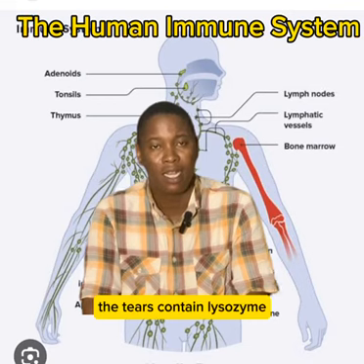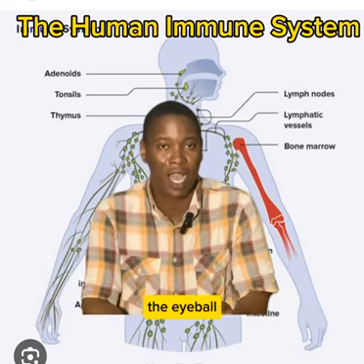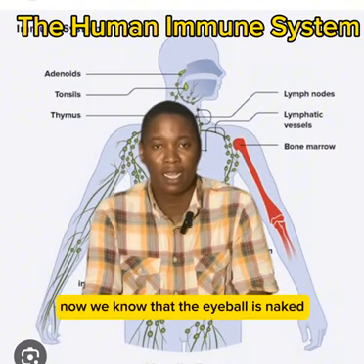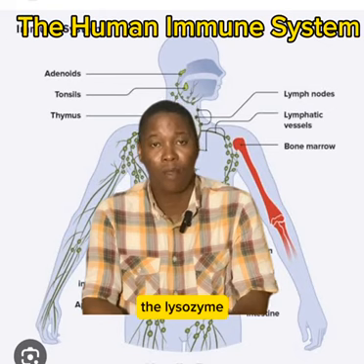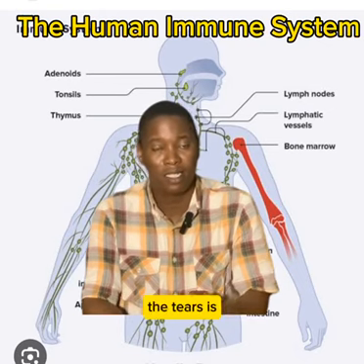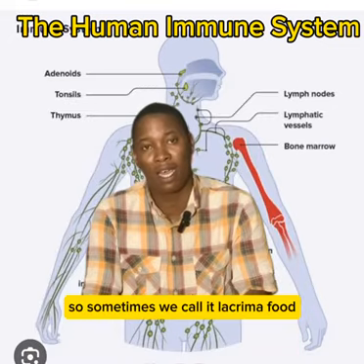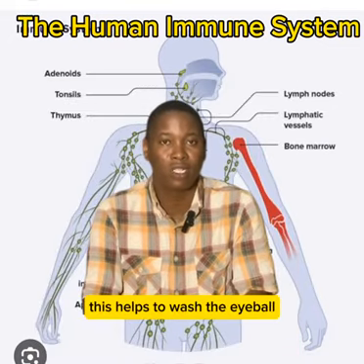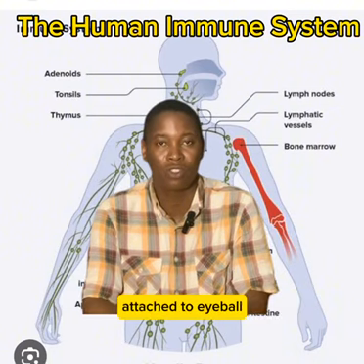The tears contain lysozyme, and the tears and the eyelashes help to wash the eyeball. The eyeball is naked, and it's very possible for viruses and bacteria to stick to it. The lysozyme present in tears, which come from the lacrimal gland, so sometimes we call it lacrimal fluid, helps to wash the eyeball and also destroy bacteria that might be attached to it.